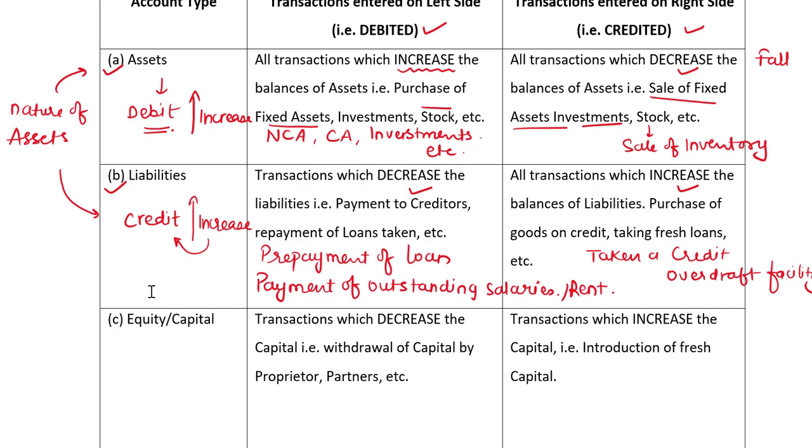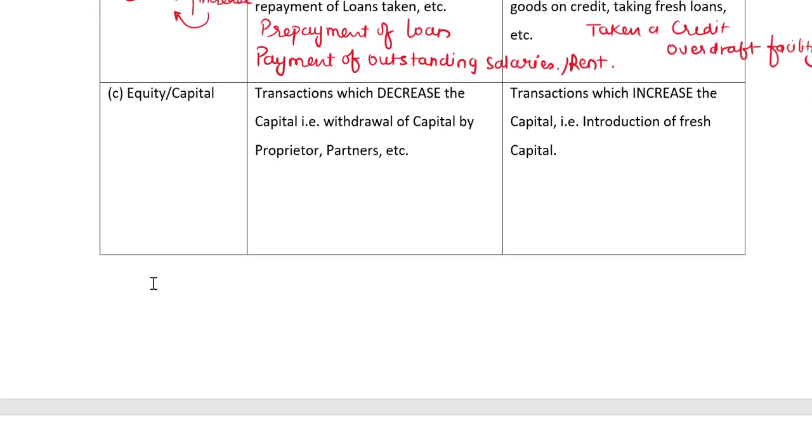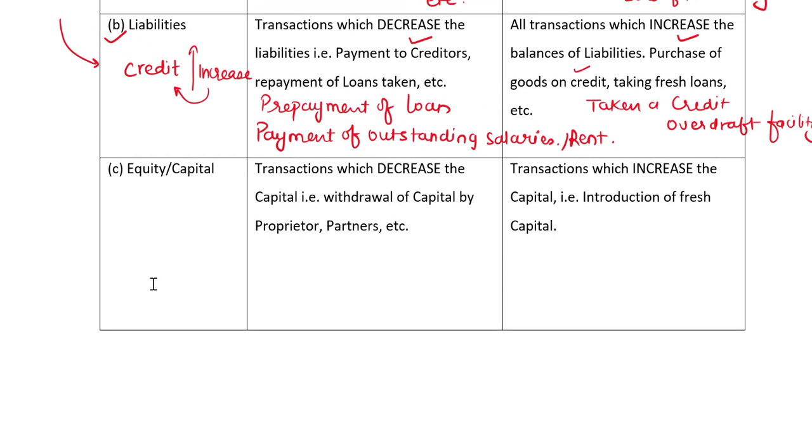So all transactions which increase the balance of liabilities, like purchase of goods on credit, taking fresh loans, overdraft facility, or any other loan, short-term, medium-term, or long-term loan, are the cases where the liabilities are to be credited, because there is a considerable increase in the liabilities. I believe I'm making sense to all of you.